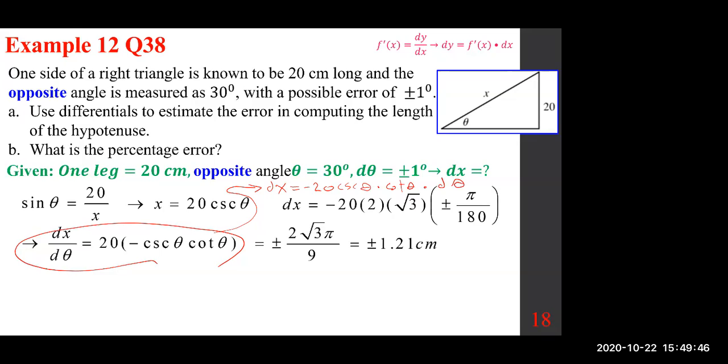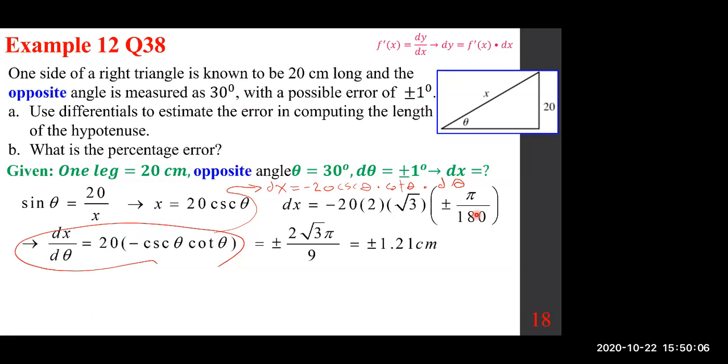Now this one is cosecant theta, with theta being 30 degrees or pi over 6. This is cotangent of 30 degrees or pi over 6, and then plus minus 1 degree is pi over 180.